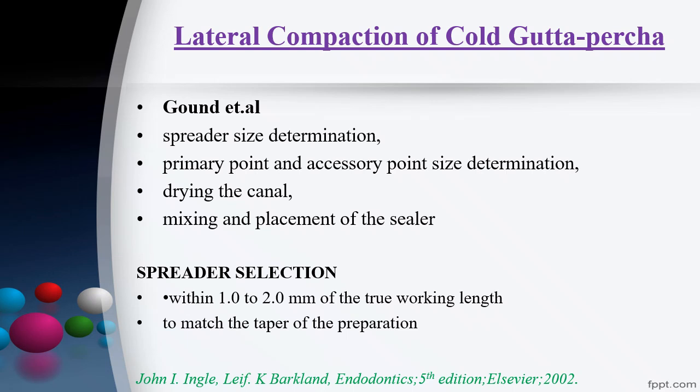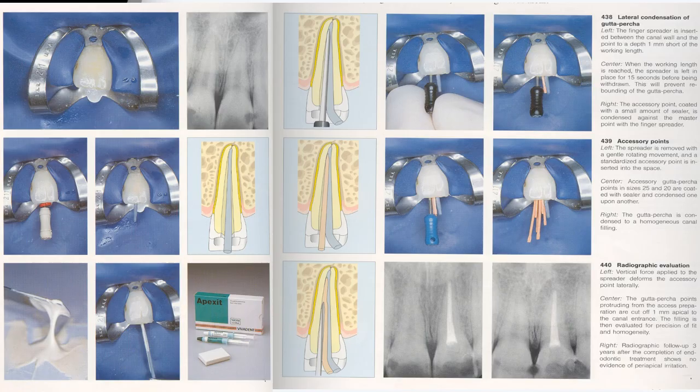Then the canal is dried, sealer is mixed and placed, followed by the master cone placement. The spreader is selected within 1 to 2 mm of the true working length, and it should be short of the actual working length by about 1 to 2 mm, mainly to match the taper of the preparation.